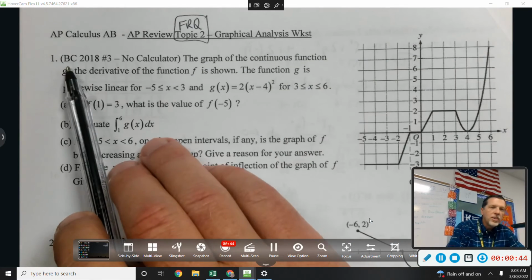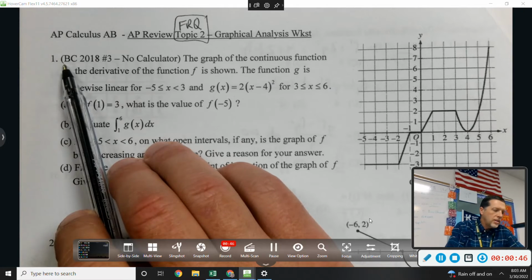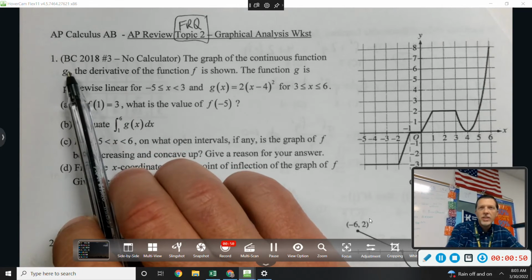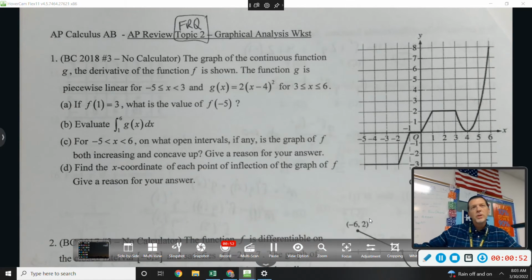Don't worry that these say BC because there are overlap questions that are on the AB test and the BC test, right? BC covers a little more than we do, but that means part of their test is identical to your test. And so I've only pulled the questions that would be AB topics.